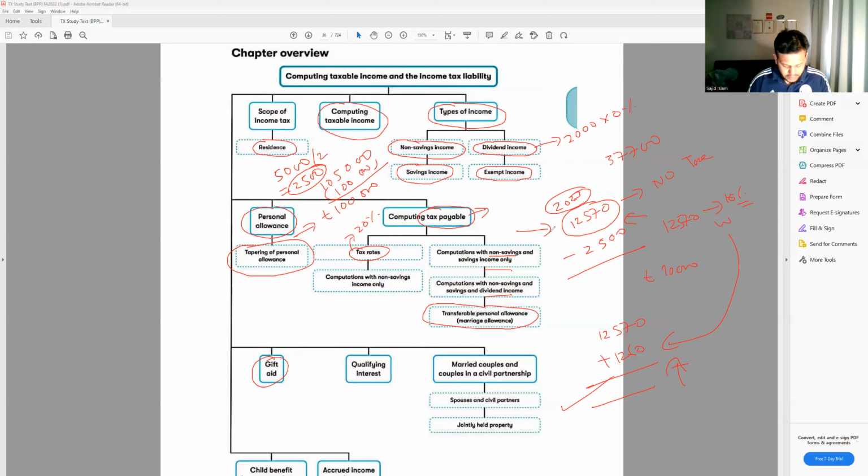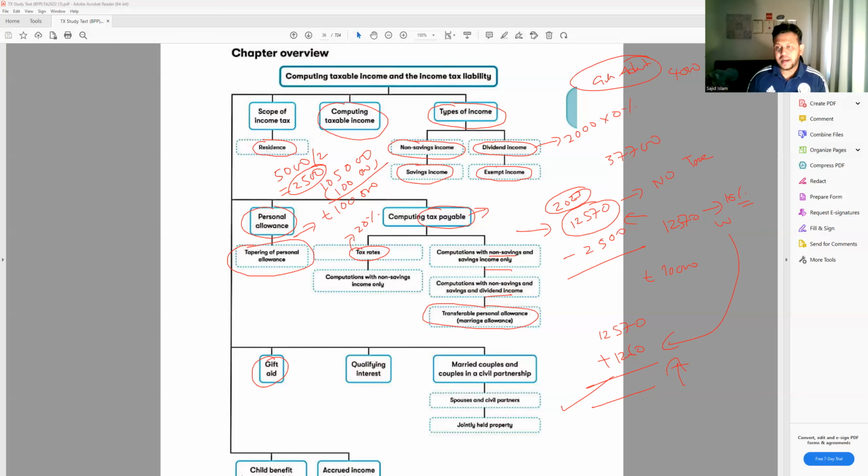Now, let's say, for example, we have a gift aid, a charity donation. For example, you pay £4,000 to the charity. And this £4,000 you paid as a net amount to the charity, but HMRC will give you the opportunity to gross it up.